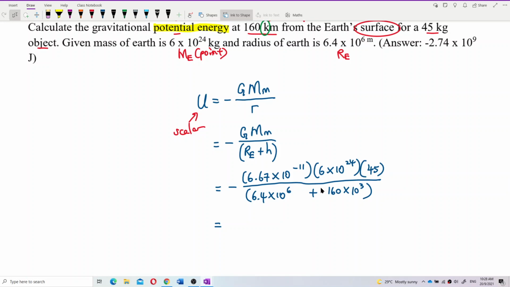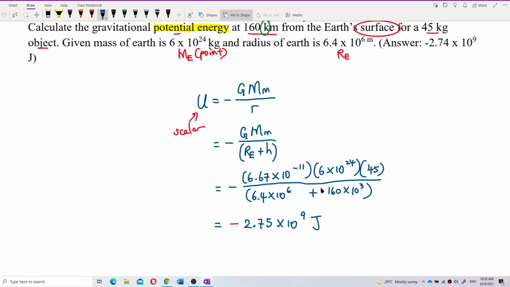Okay, so I got the answer already. It is negative. Remember the negative sign, don't forget the negative sign for potential energy. You owe energy to the Earth. So this is 2.75 exponent 9 joule.